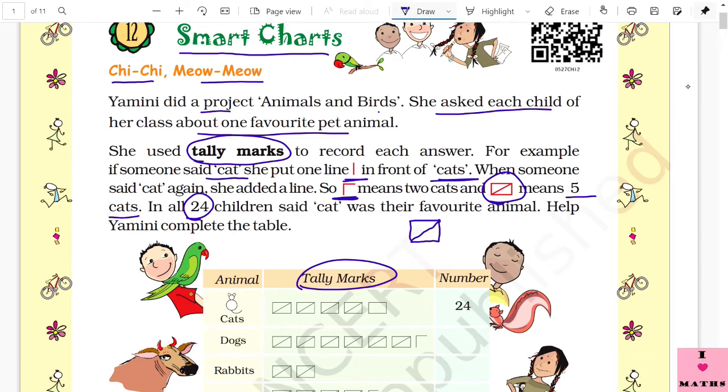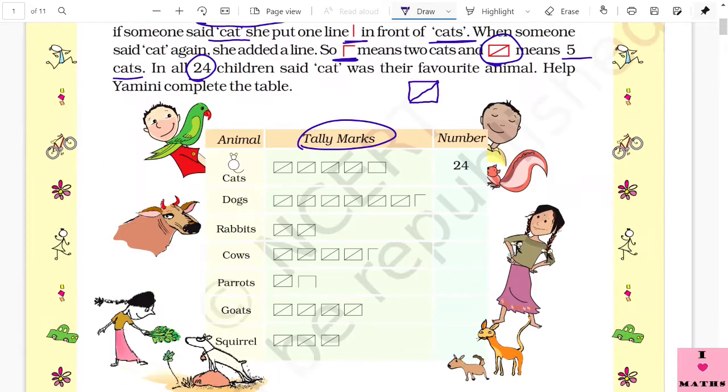And this means 5 things. Okay, let us see this table.